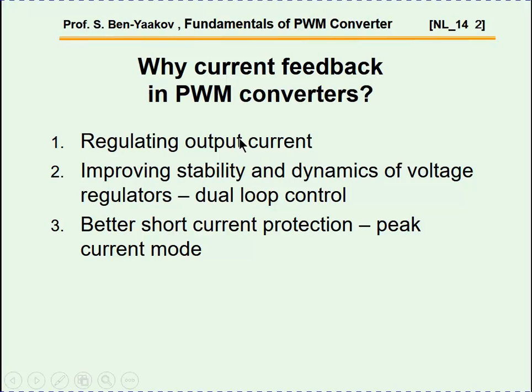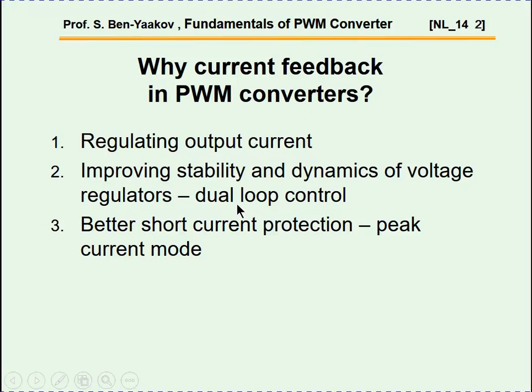Now, the reason for using current feedback in a voltage regulator is to improve stability and the dynamics of this regulator. In this case, we are going to have dual loop control. That is, we are going to have two loops, one of a current feedback and one for a voltage feedback.